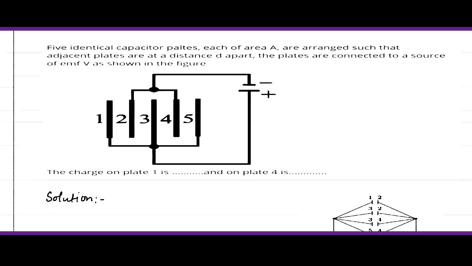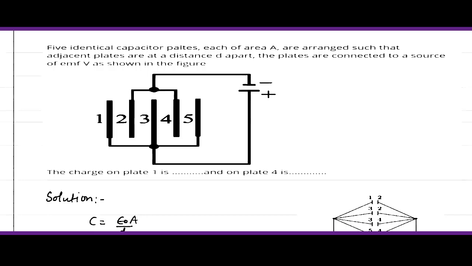So there are 4 capacitors, each of capacitance C. Then C is equal to epsilon naught A by D, where A is the area and D is the distance, as it is given in the question that they are at a distance of D apart.